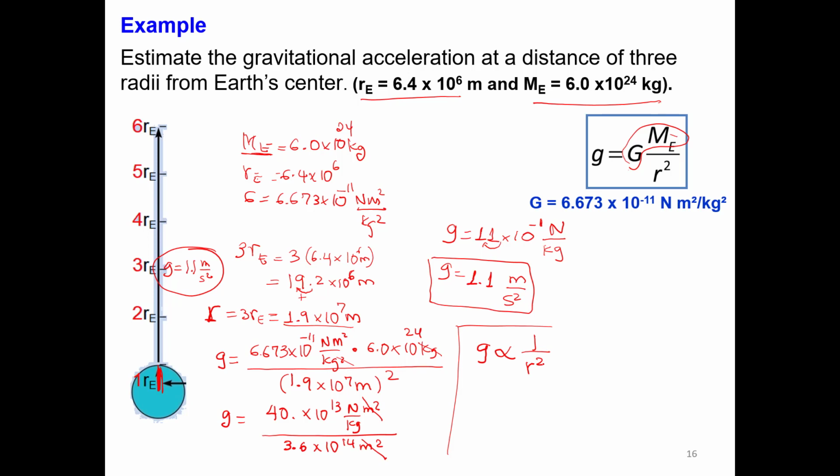But in this case, the distance is 3 times the radius of the Earth. Then we can say G is inversely proportional to the square.